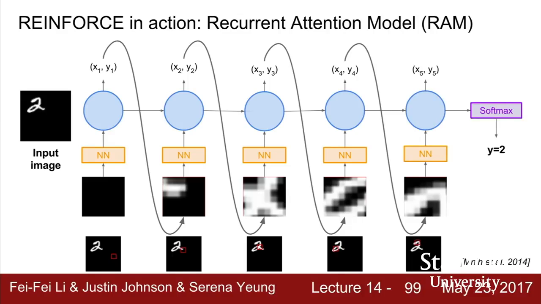Right, and then finally at our last time step, we can have a fixed number of time steps here, in practice something like 6 or 8, and at the final time step, since we want to do classification, we'll have our standard softmax layer that will produce a distribution of probabilities for each class. And then here the max class was 2, so we can predict that this was a 2.